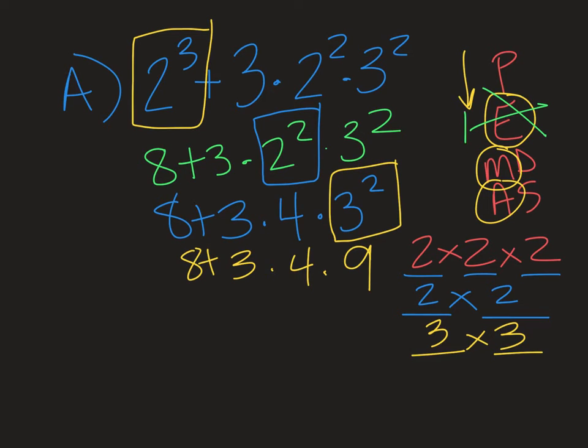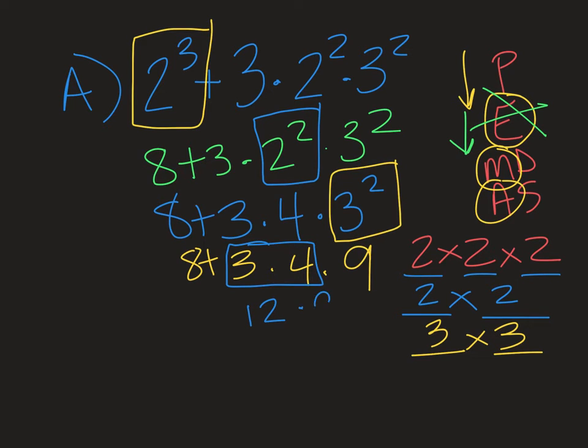So let's keep going. What comes next? Multiplication. So I have 2 multiplications, right? I have this one right here and this one right here. So I'm going to start over here and work my way this way in order. Okay, not adding yet because I have to take care of this multiplication first. 3 times 4 is 12.